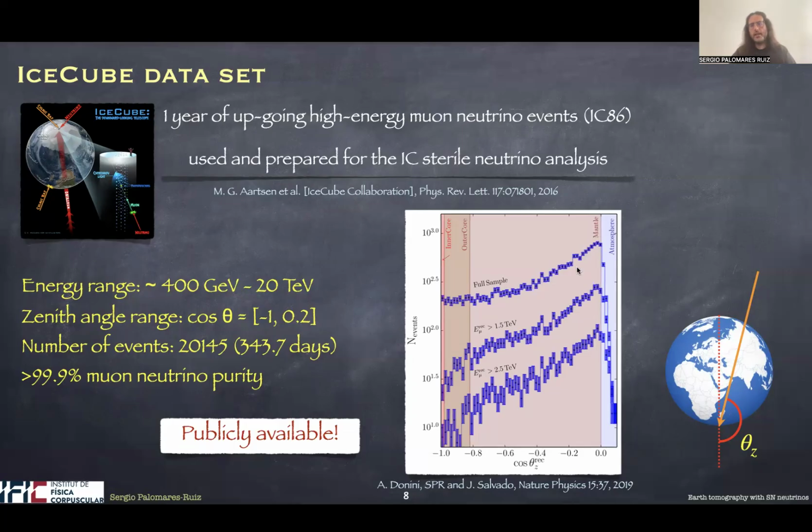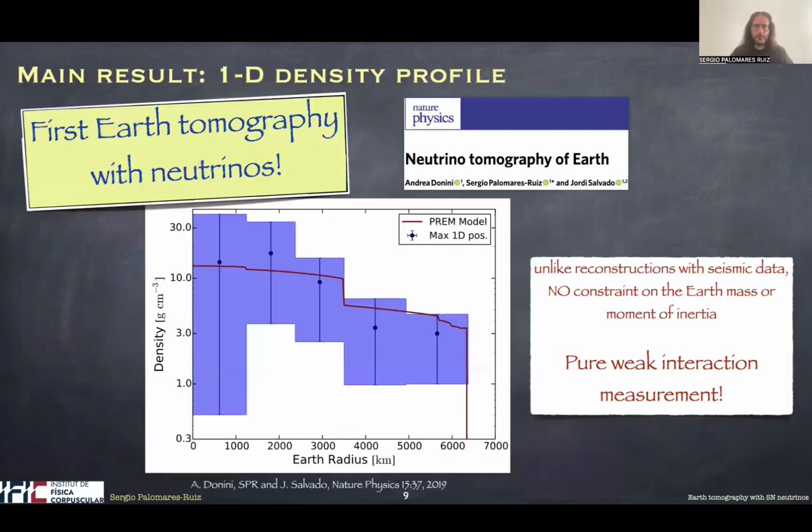If we make higher and higher energy cuts, we see that the relative absorption of the neutrinos depends very much on the direction that the neutrinos go through the Earth. And you see that at higher energies, there is larger absorption for crossing neutrinos. So by studying this energy and angular dependence of the flux of these neutrinos when going through the Earth, we can be sensitive to the density structure of the Earth.